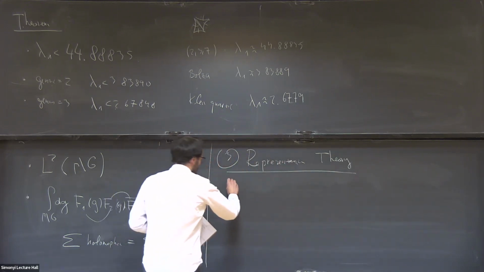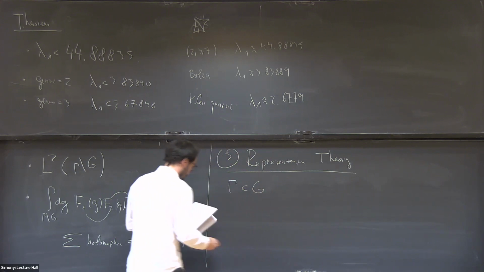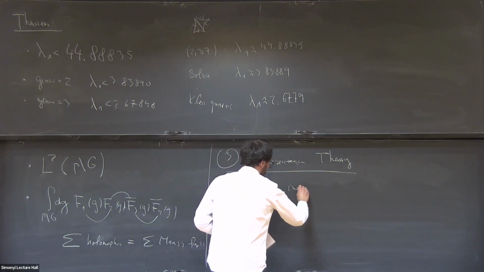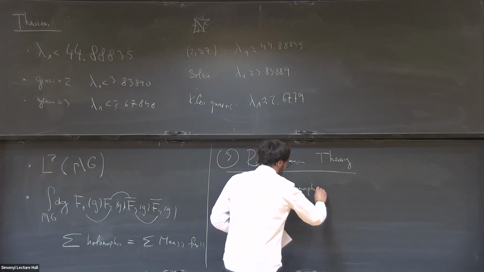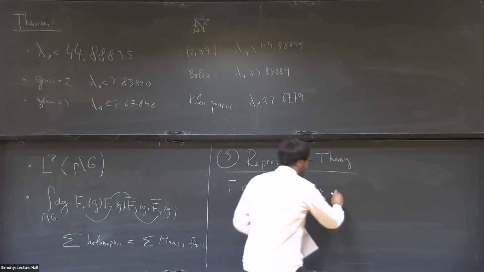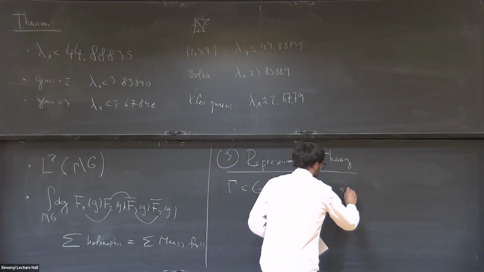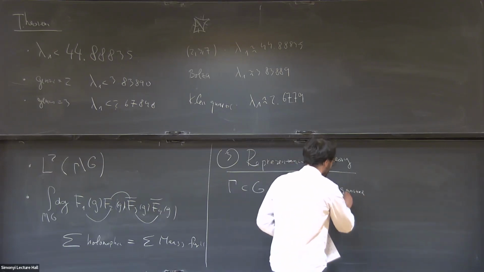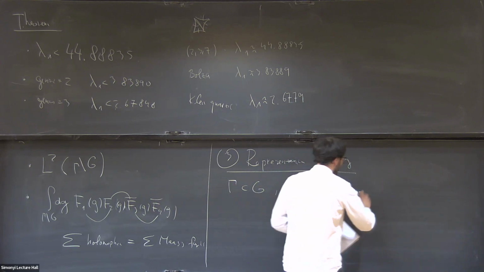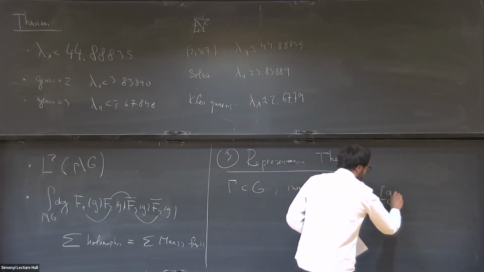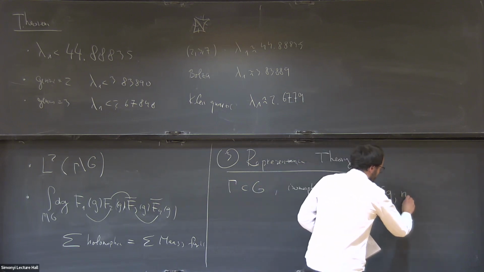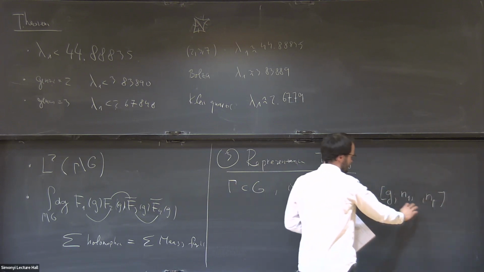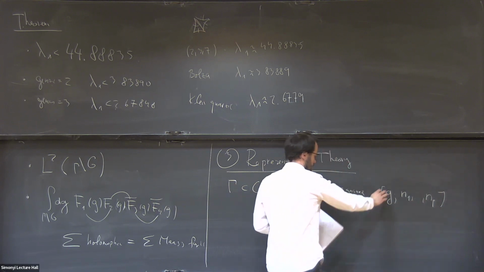We have this orbifold specified by gamma, and up to isomorphism, this gamma is specified by something called a signature. Signature is just a collection of data, which is the genus of the surface and the orders of the orbifold points. So there are p orbifold points, n1 up to np are the orders, and this is the genus.